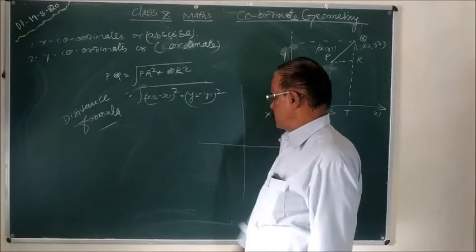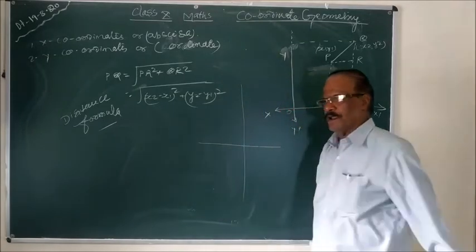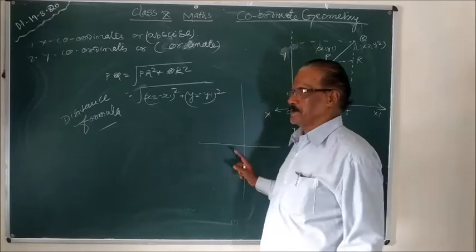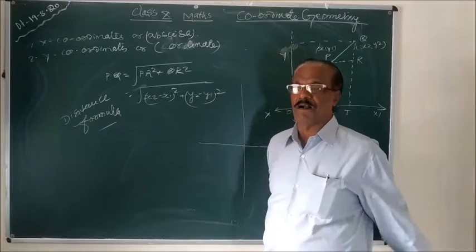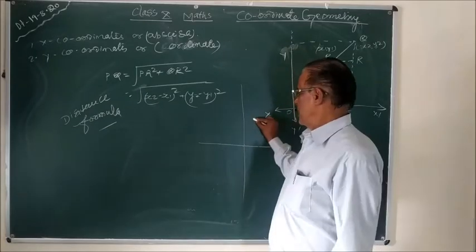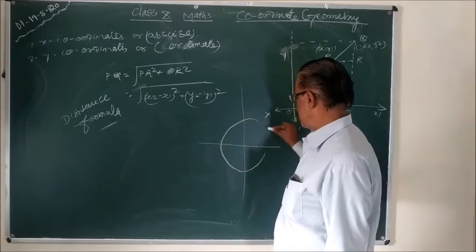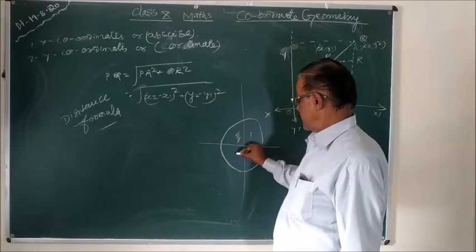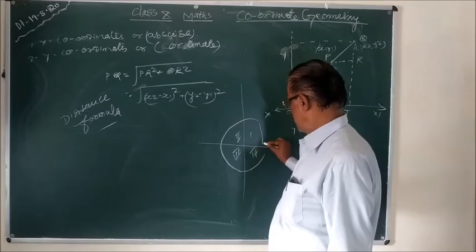And when we draw these two perpendicular lines, the plane is divided into 4 equal parts. They are called quadrants: first quadrant, second quadrant, third and fourth, like this. So all these things you must have learned in class 9.